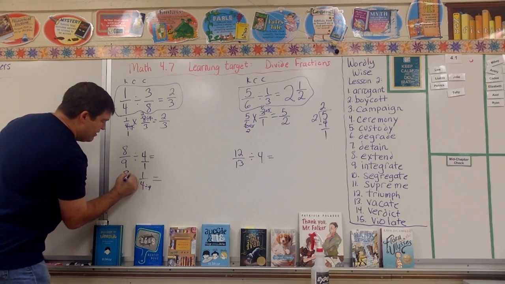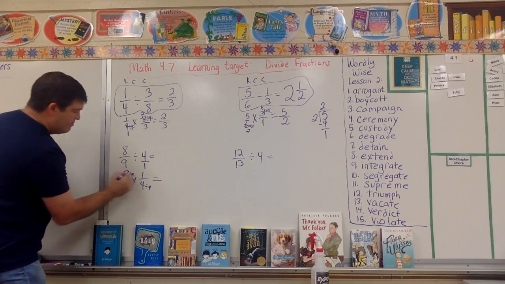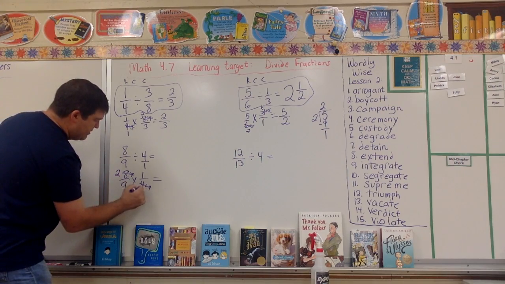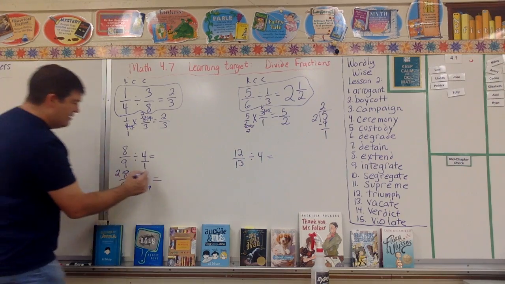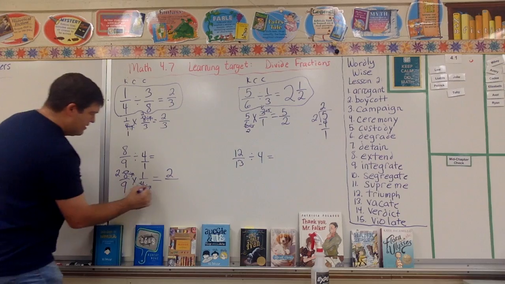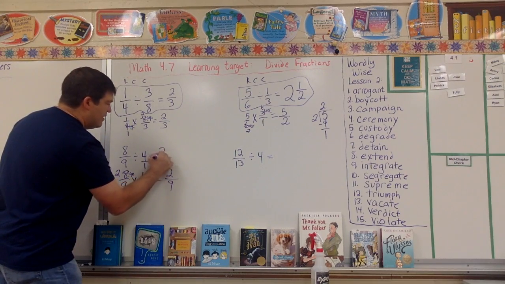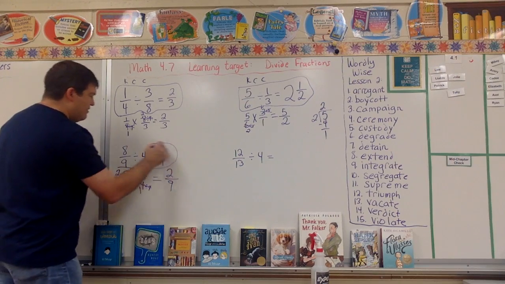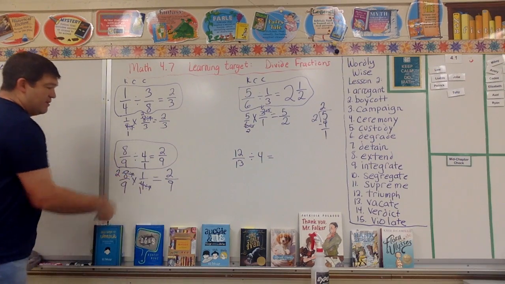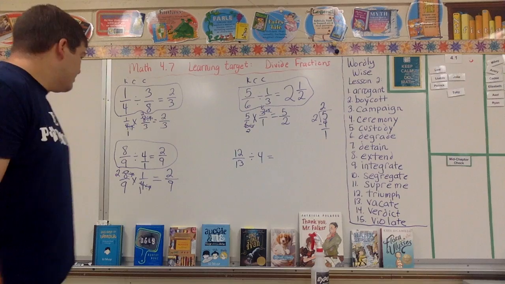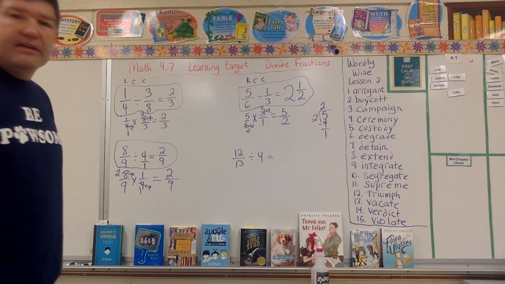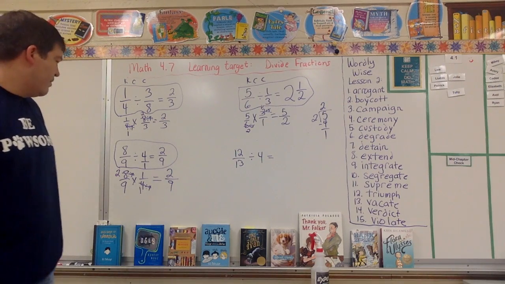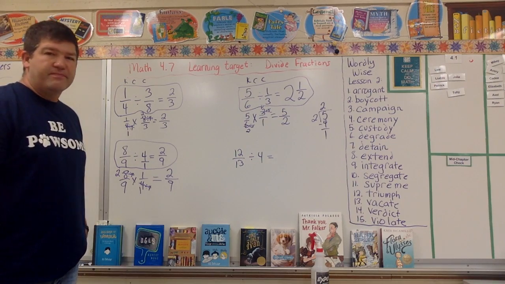Divide that by 4, divide that by 4. This becomes a 2, this becomes a 1. 2 times 1 is 2, 9 times 1 is 9. My answer is 2/9. This cannot be simplified at all because I did the simplification already. So 8/9 divided by 4 equals 2/9.